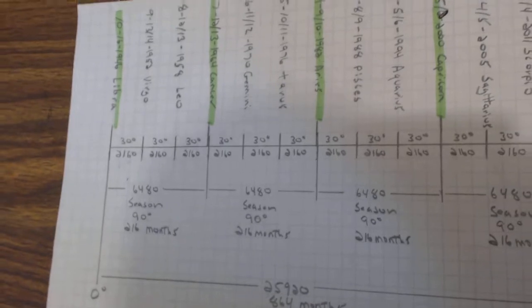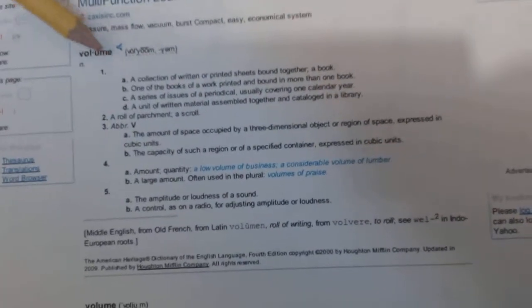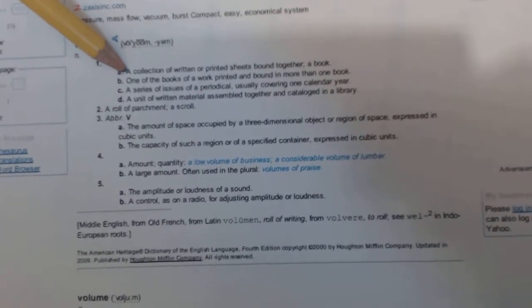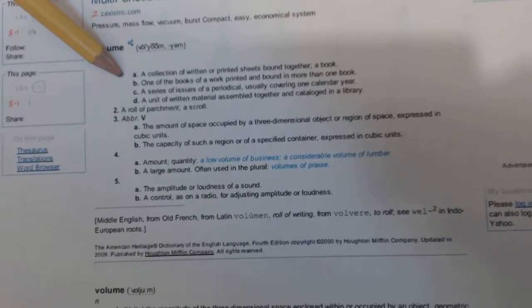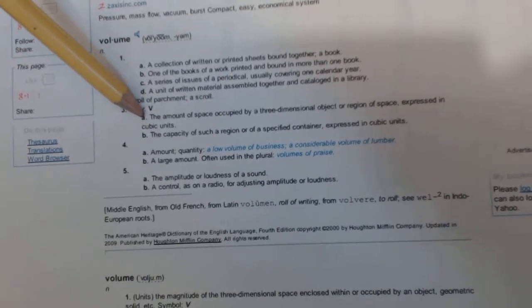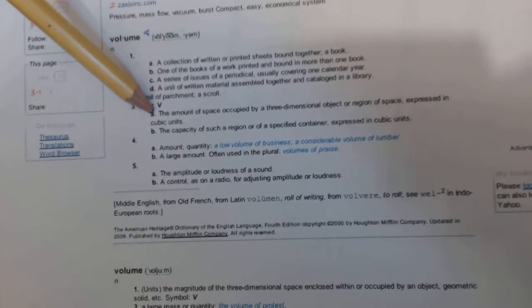Hold on a minute. Again, speaking of the definition of the word volume: volume is a collection of written, printed sheets bound together in a book. The New Testament is a volume of 27. Volume is also the amount of space occupied by a three-dimensional object or region.